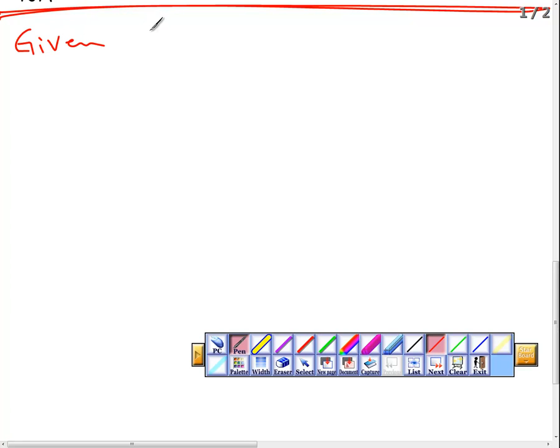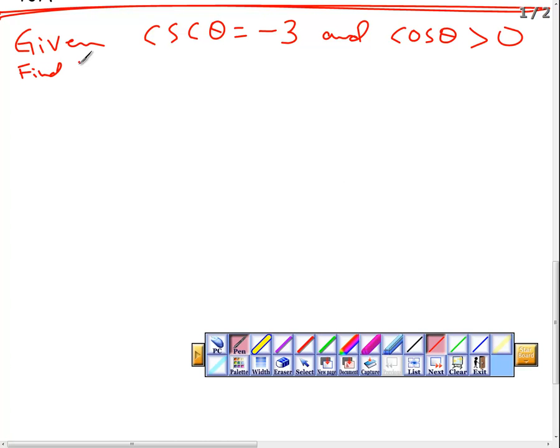We're given cosecant theta is a negative 3 and cosine theta is greater than 0. Okay, find the other trig functions.